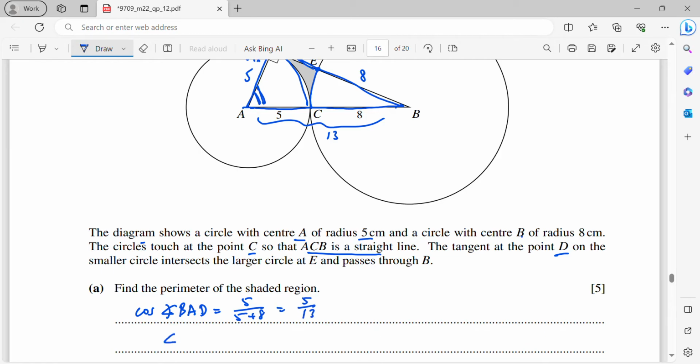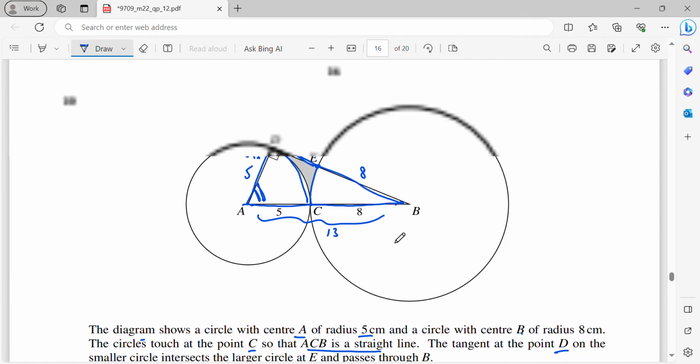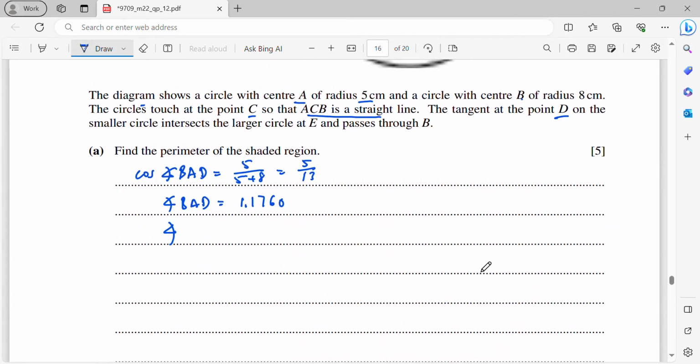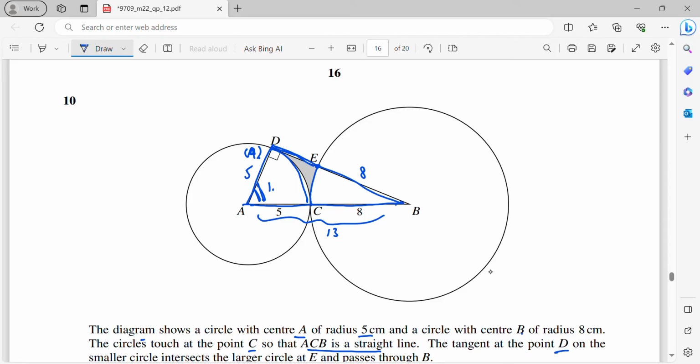So now angle BAD equals 1.1760. You take the inverse cos. Alright, so now I have found the angle. Then I know the other angle, because this is 1.1760, then I can find the angle here, because I need to find the arc length of CE. So this angle is going to be pi over 2 minus 1.1760, because the total of these two will be pi over 2.